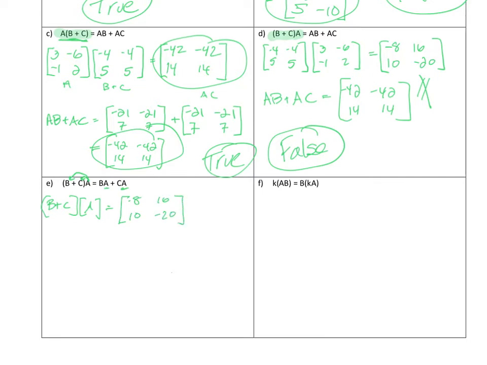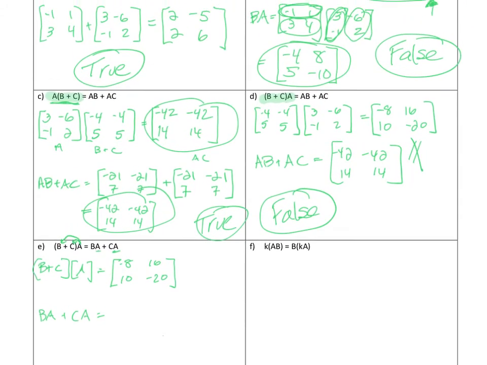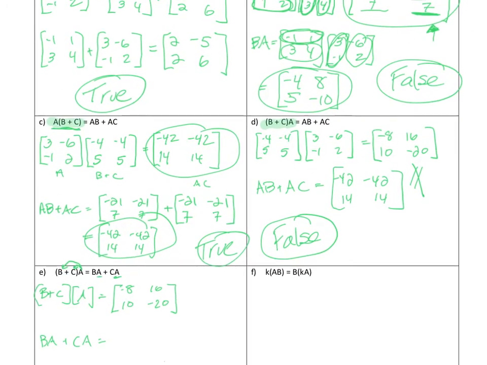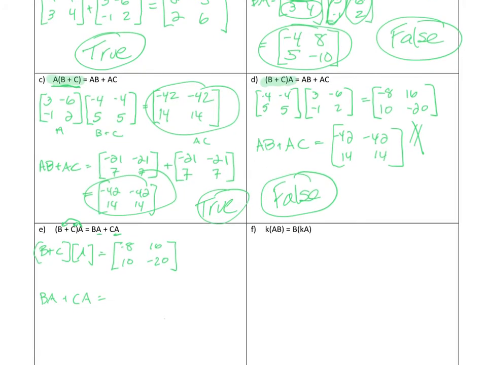And then BA plus CA. Okay, so B times A, I think I have already calculated somewhere. Here's BA. I got the result here. -4, 8, 5, -10.